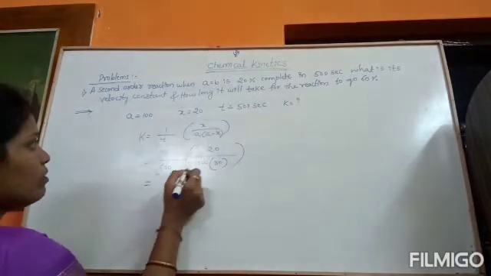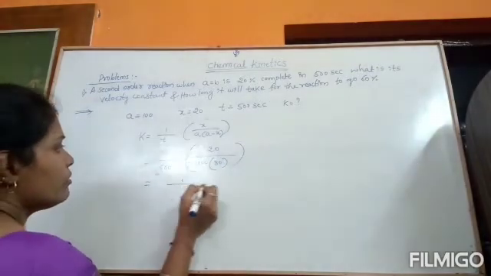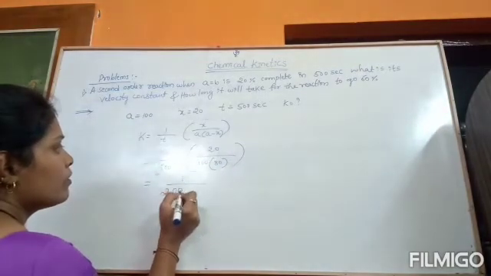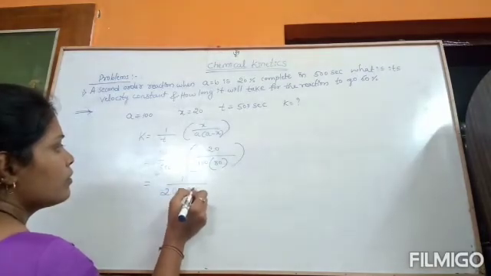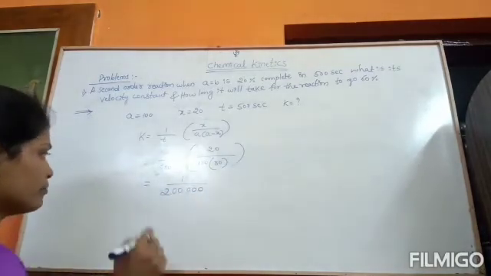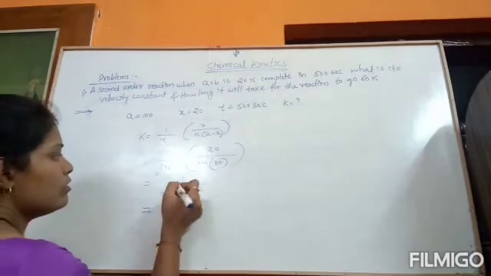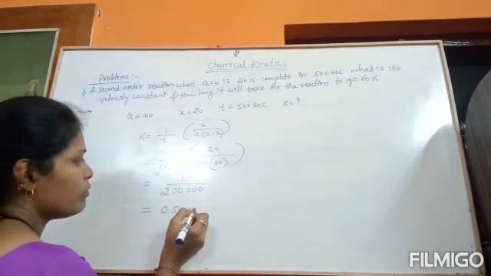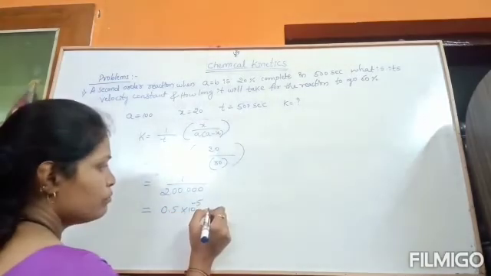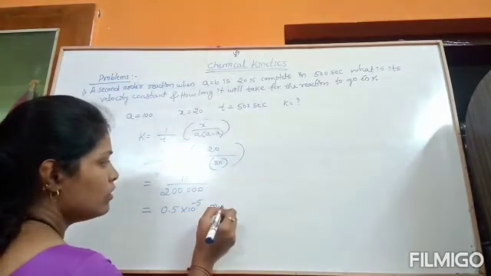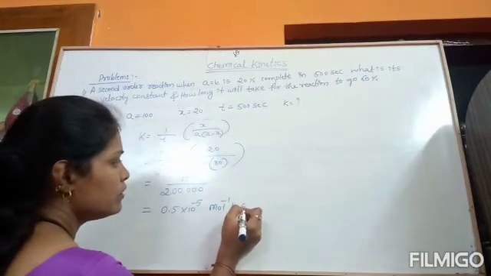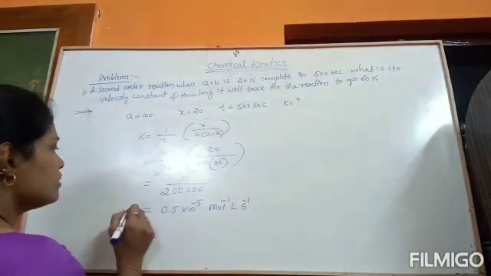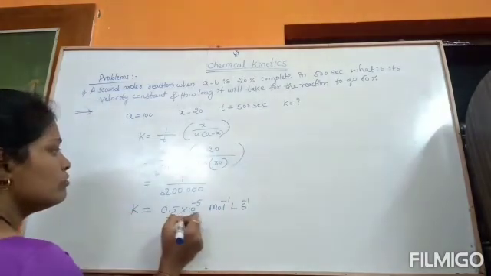After multiplying all this, we will get 1 divided by 2 lakh, and again dividing, we will get 0.5 into 10 to the power minus 5 liter per mole per second. This is the value of K.